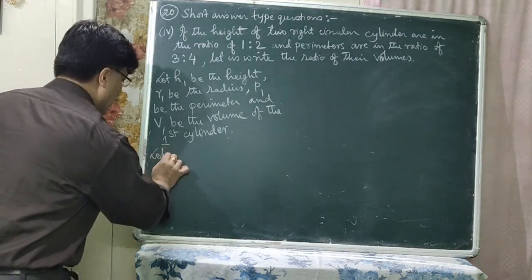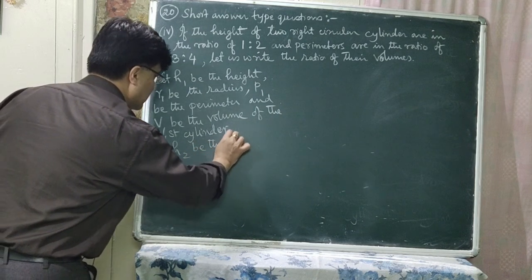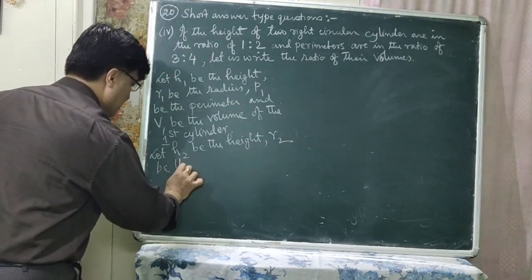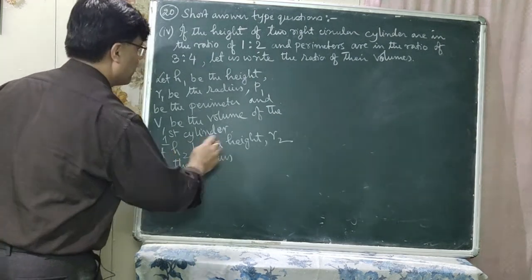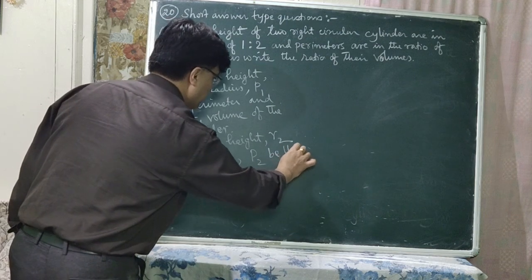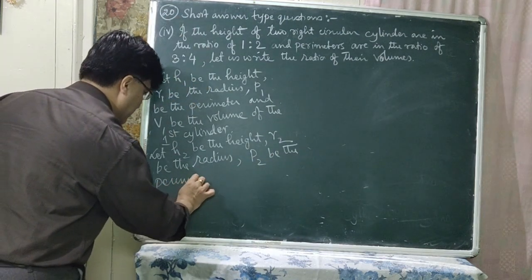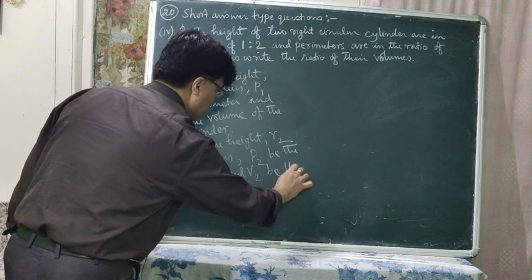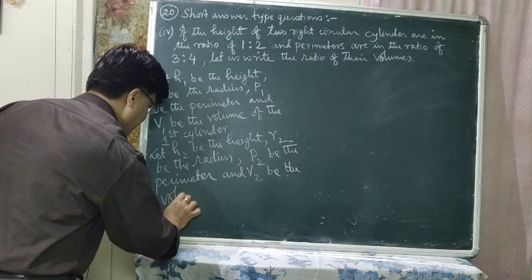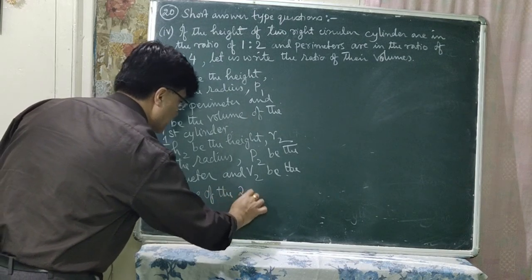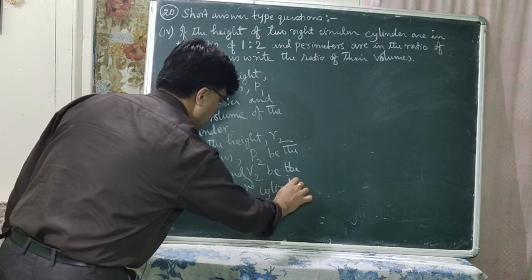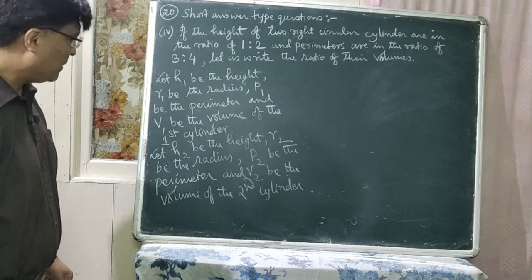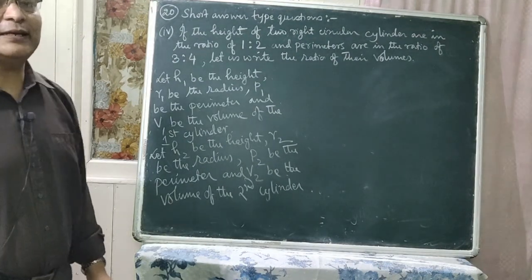So again, let H2 be the height, R2 be the radius, P2 be the perimeter and V2 be the volume of the second cylinder.